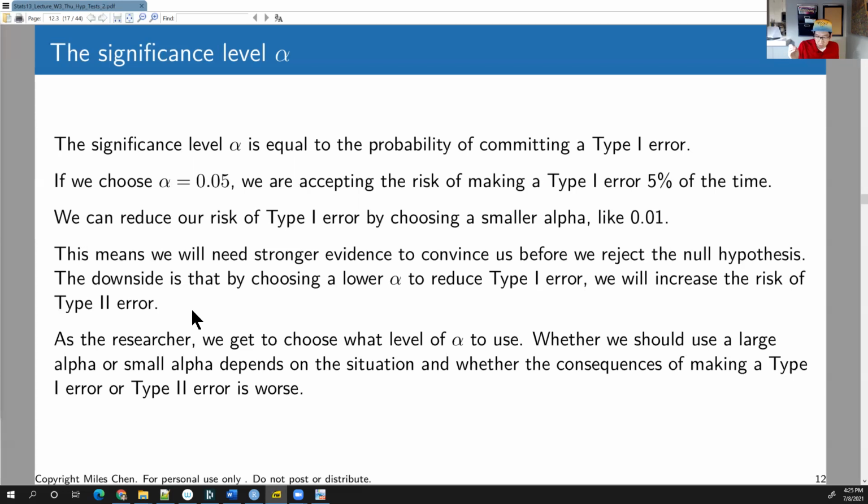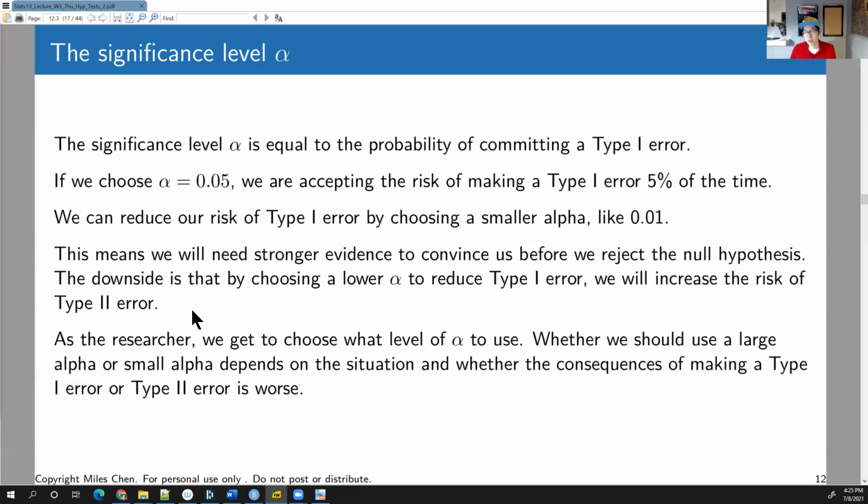And so as the researcher, you get to choose what level alpha you want to use. Okay, and really, we often use 5% alpha. That's kind of the choice, but I think that choice of 5% alpha has come under a lot of fire, justifiably so, because this process of choosing your significance level should depend on the situation.